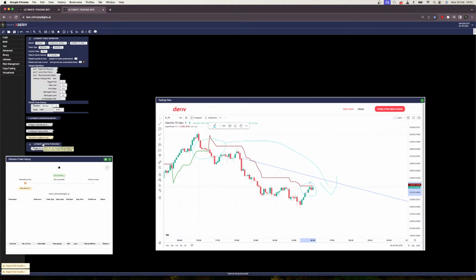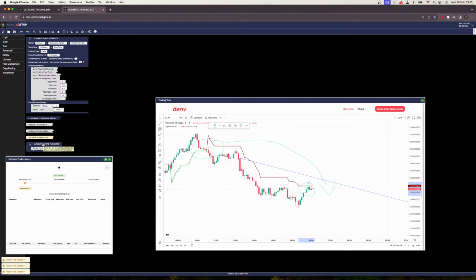It will start analyzing for the best points to execute a trade. So right now we are running it on volatility 75 index, on a downtrend market.